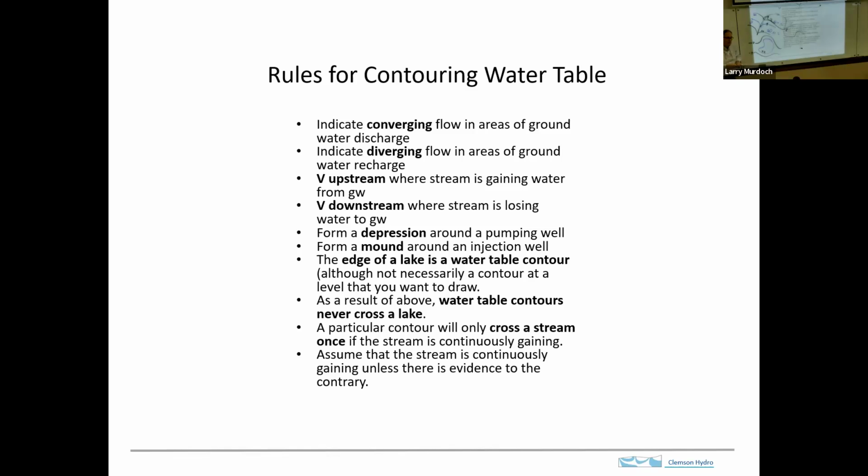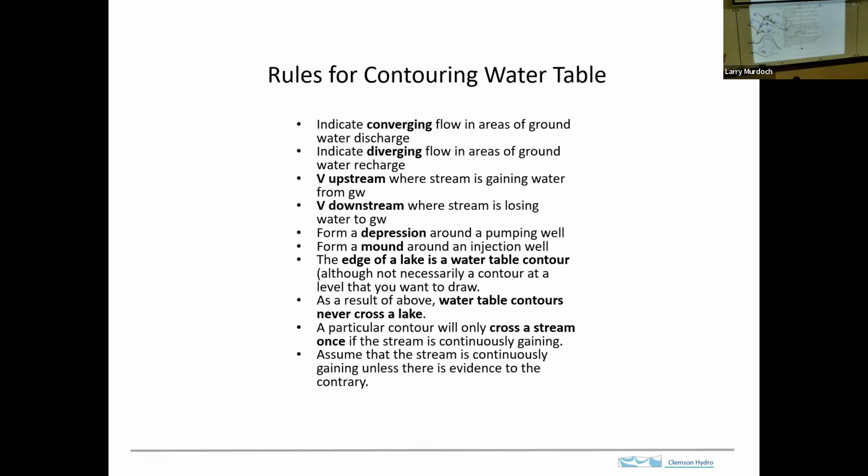Okay, so if you have a contour across a stream twice, it means the head's going down and then coming back up and then going back down. Okay, well, maybe, but it would be kind of peculiar. So see if there's a way to draw the contours where you don't have the contour across the stream twice.